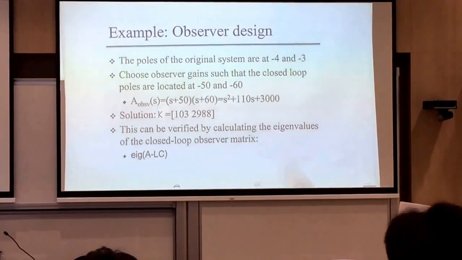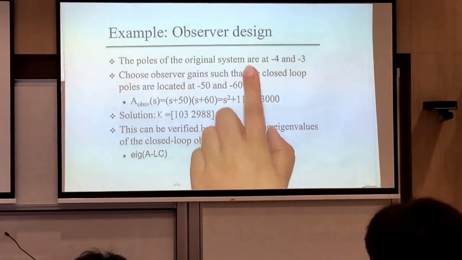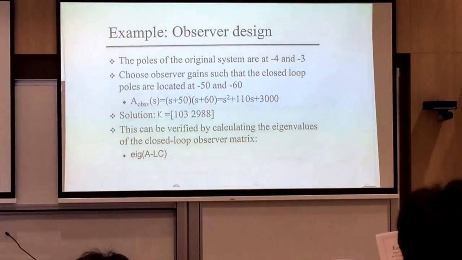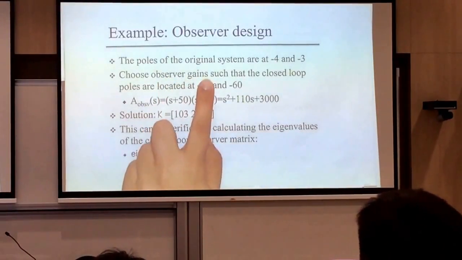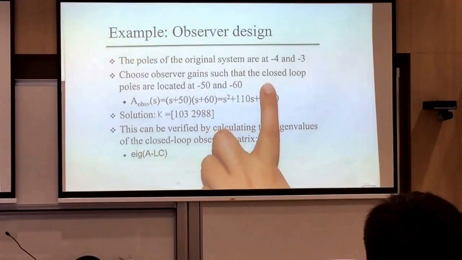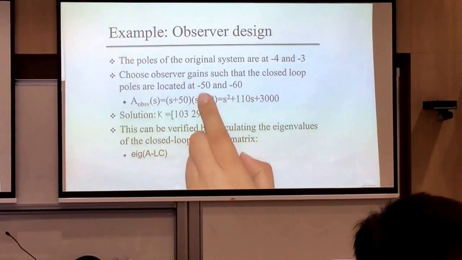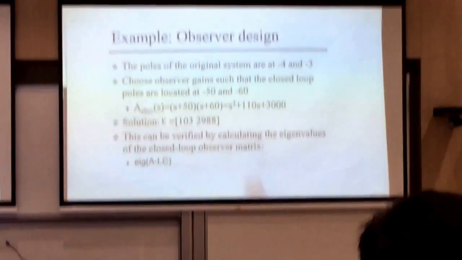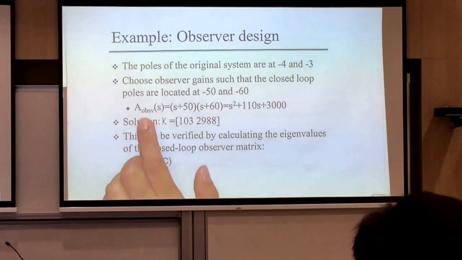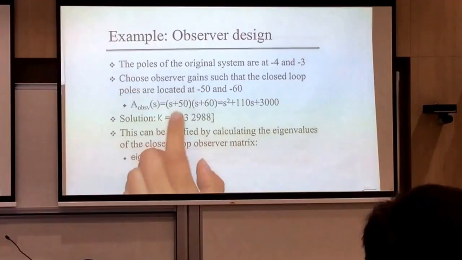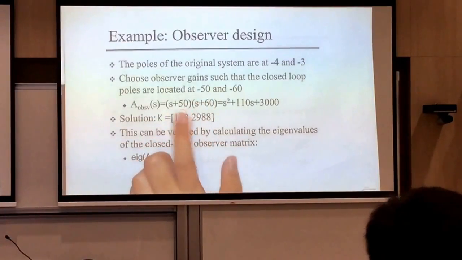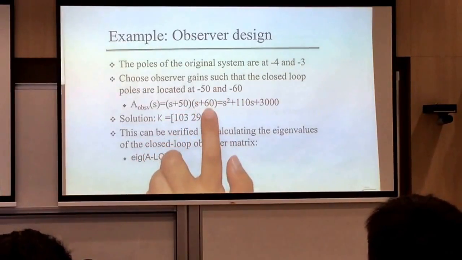The question says that the poles of A are at -4 and -3. Choose your L, your observer gains, so that you get the poles of A minus LC to be at -50 and -60. So you want the observer polynomial to be (s minus -50)(s minus -60).